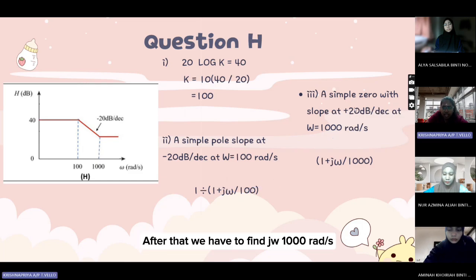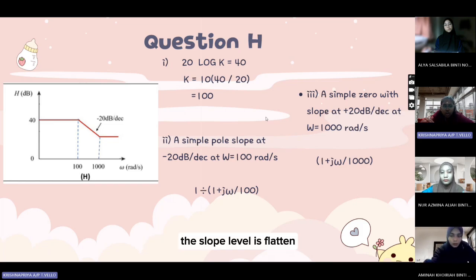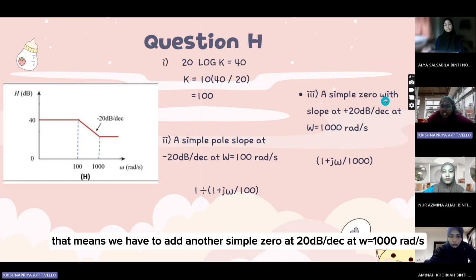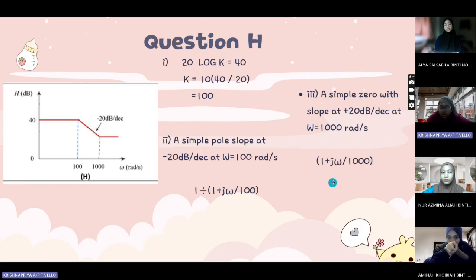After that, for the second one, we have to find j omega 1000 radians per second, where the slope level is off again. That means we have to add a simple zero with slope at positive 20 dB per decade at omega 1000 radians per second. So we will use the formula 1 plus j omega over 1000.